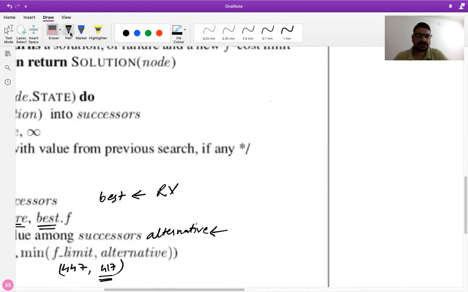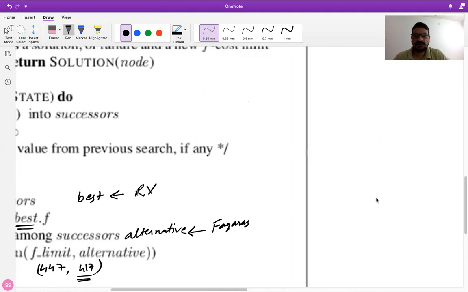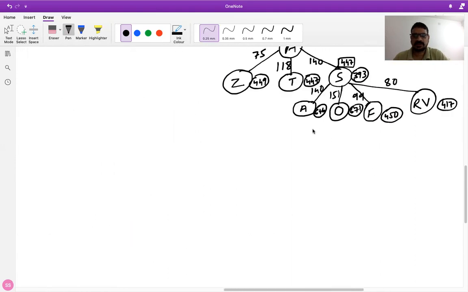So the alternative is Pythagoras, with value 450.